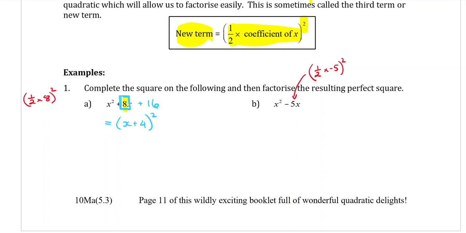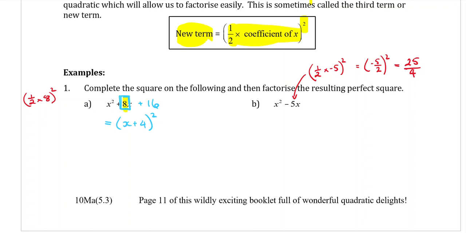I'm not going to get a nice number like 16 like I did for the last one. So if you were to halve minus 5, you're going to get negative 5 over 2, which we're going to square. Two negatives make a positive, so the minus signs disappear, and we're going to get 25 over 4.